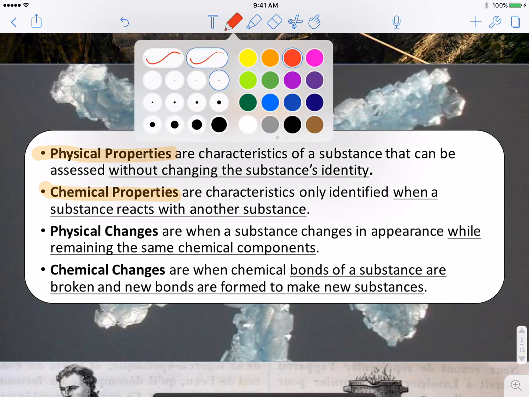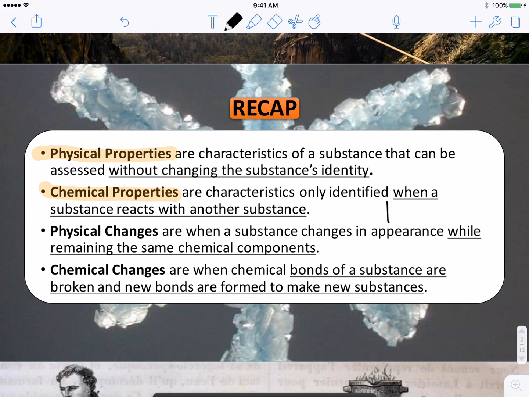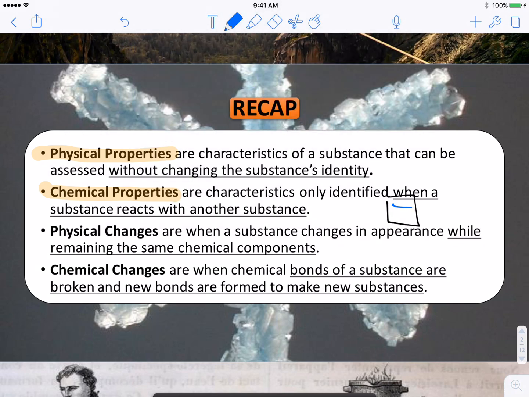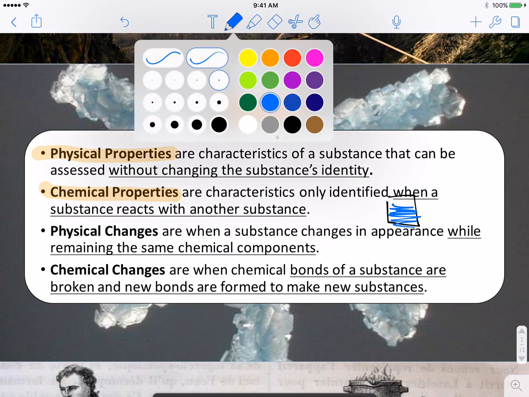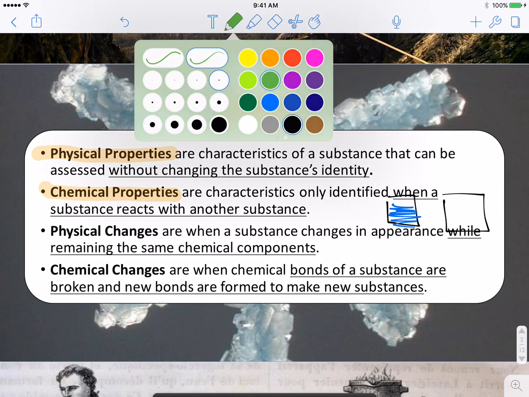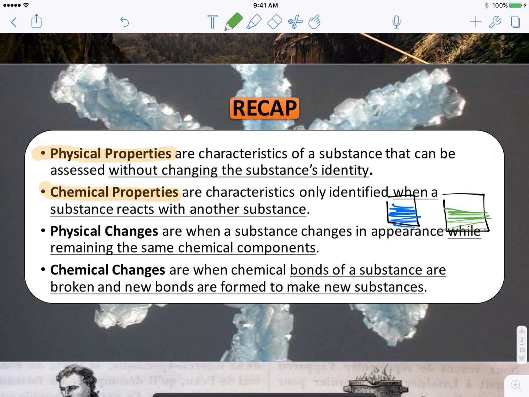But in our lab the other day, when we mixed that cabbage juice with the ammonia, it became green. So a chemical property was that it changes color in the presence of an acid or a base. And you don't see that unless you put it in with an acid or a base. If it's just sitting there by itself, you're not going to observe this. So that's what a chemical property is.